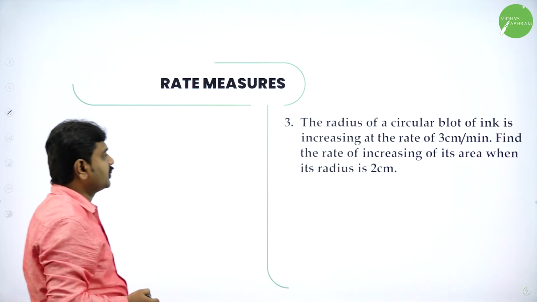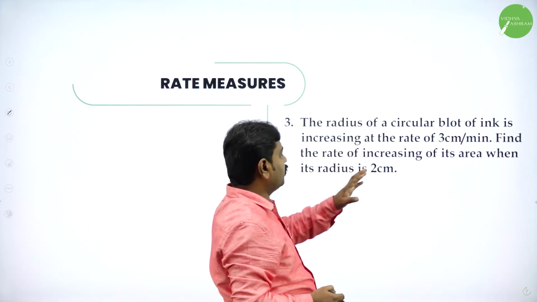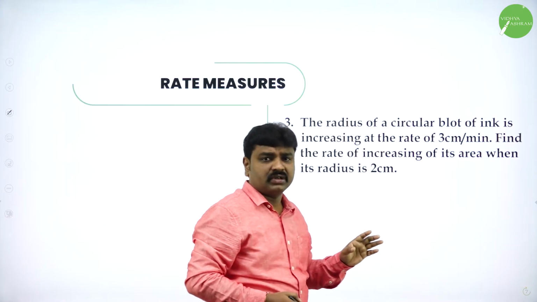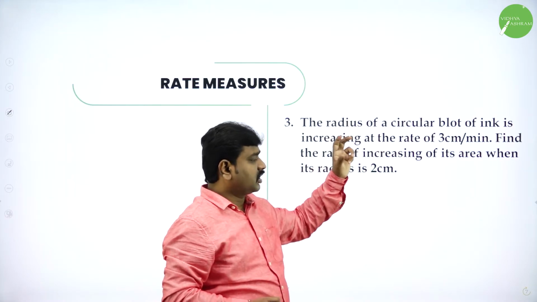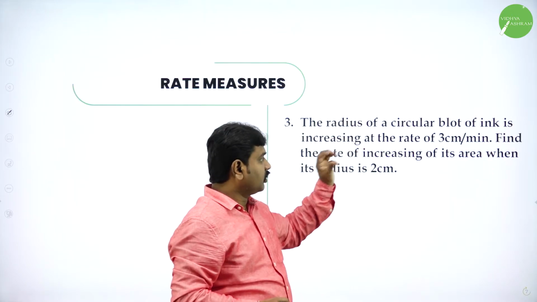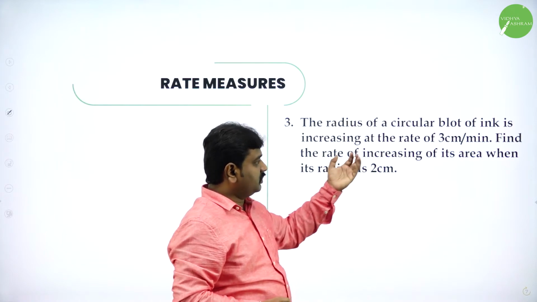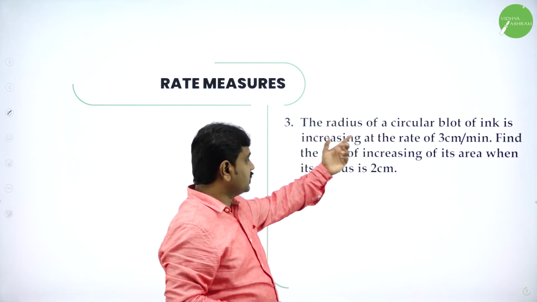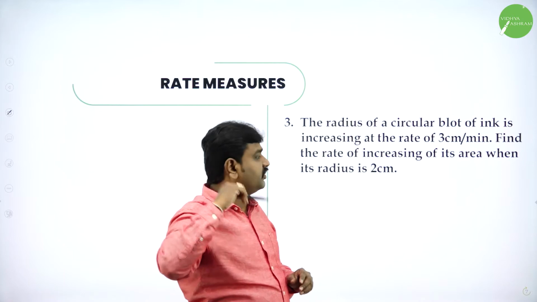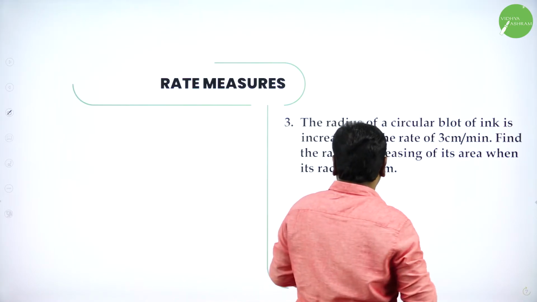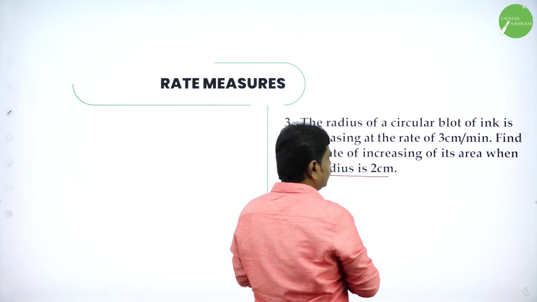Next, the radius of a circular blotting is increasing at the rate of 3 centimeter per minute. The radius of circular blotting means they are talking about ink which is in circular shape. The radius is increasing at the rate of 3 centimeter per minute. Find the rate of increasing of its area when the radius is 2 centimeter.